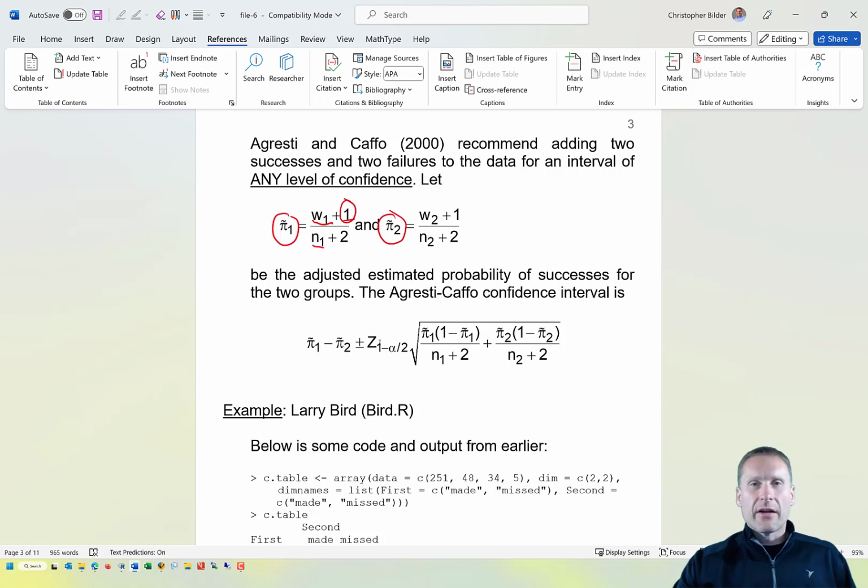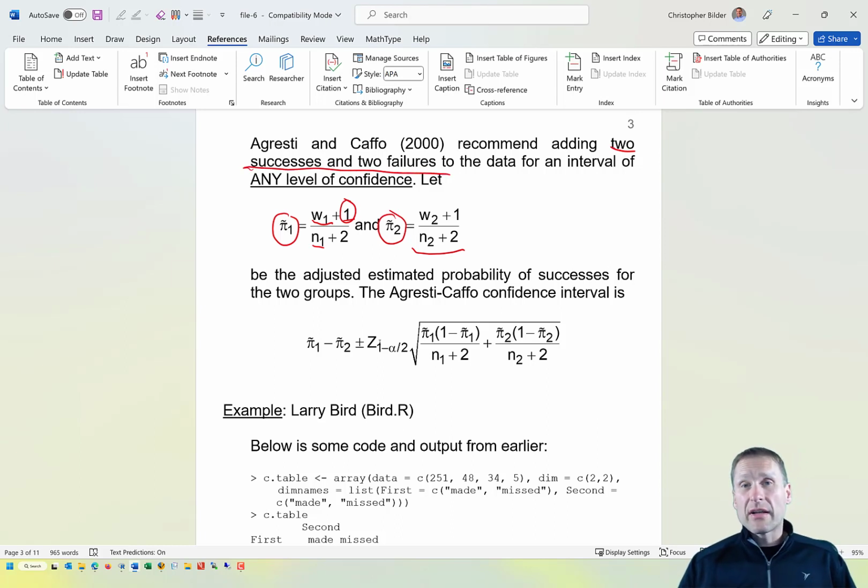Then the denominator, we have n1 plus 2. So essentially what we're doing is we're adding 1 success and 1 failure, so a sample size of 2, to group 1. And we do exactly the same thing for group 2. Now you might be wondering, why did they decide on always adding overall 2 successes and 2 failures to the data?